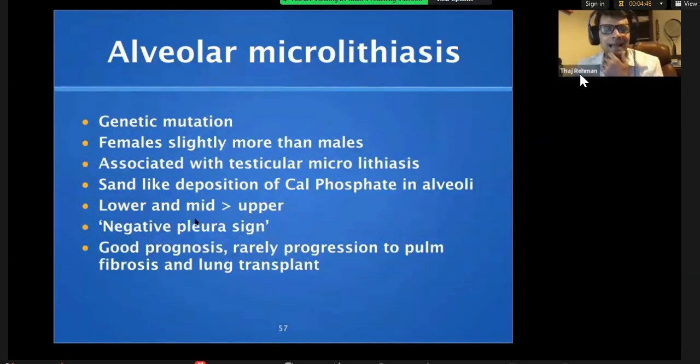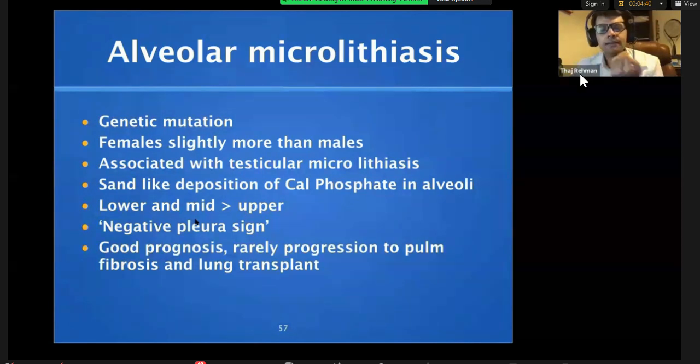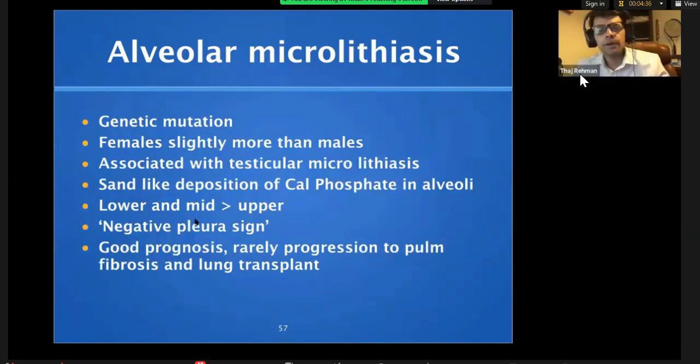It's actually sand-like deposition of calcium phosphate in the alveoli, and negative pleura sign is quite characteristic. Their prognosis is fairly good. They only very rarely progress to pulmonary fibrosis requiring lung transplant. So keep this in mind: pulmonary alveolar microlithiasis, diffusely spread calcifications in the lung.